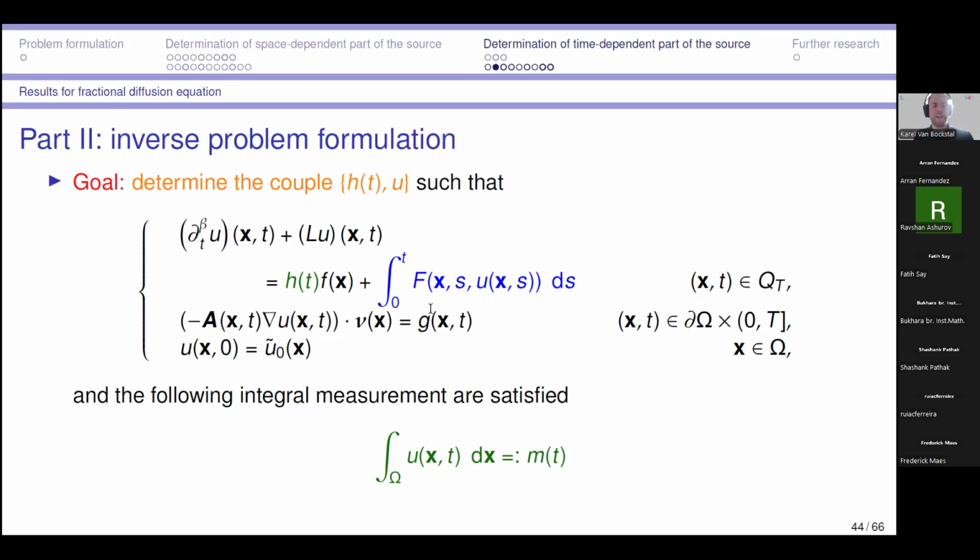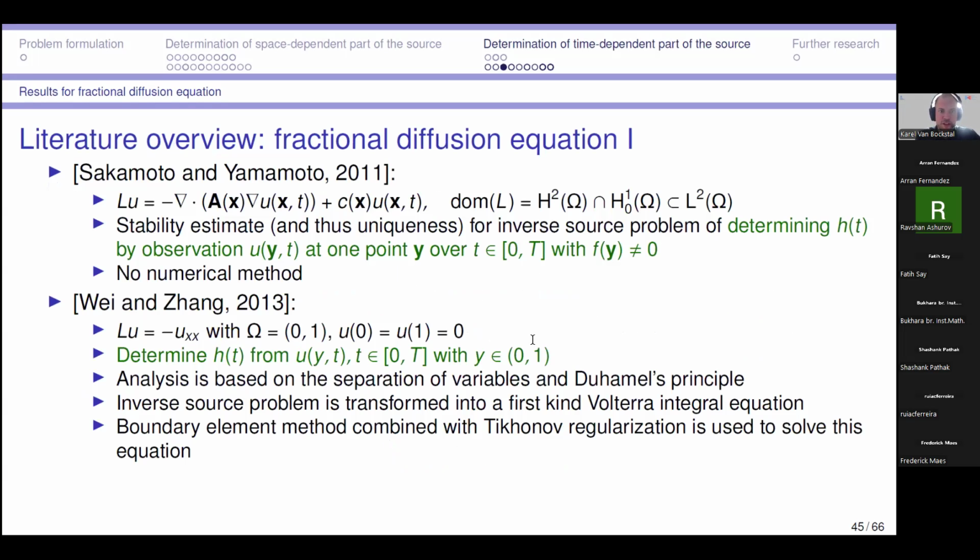On the right-hand side, the goal is still to consider a general f of u, but at the moment we are not able to solve this, and we needed this additional time integral of f of u. So we need an additional time integral to be able to show the uniqueness, but also existence of the solution, and the results are only valid for the Neumann boundary condition. The restriction on the operator L I will also explain later on.